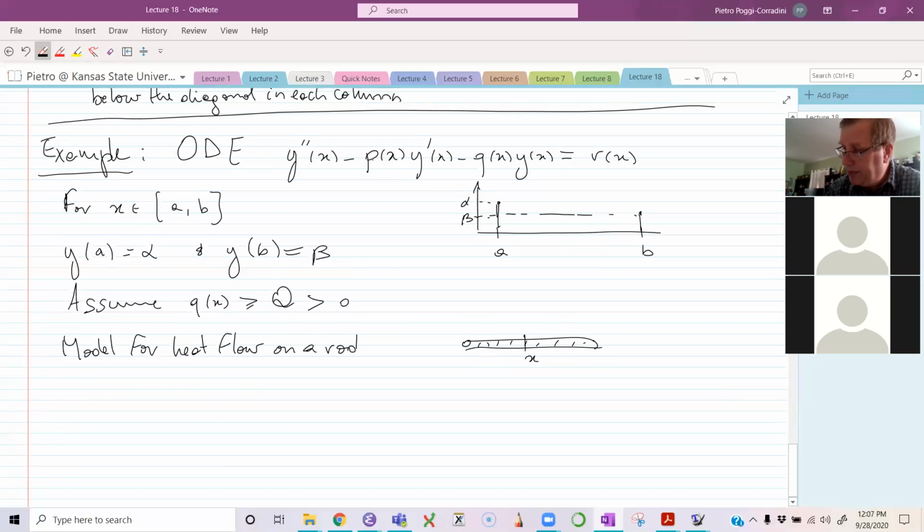That's encapsulated in this p function and q function, and then basically y of x we should think of as the temperature. All right, so we fix the temperature at the ends of the rod, and then we want to know how it distributes itself along the rod. Does that make sense so far?